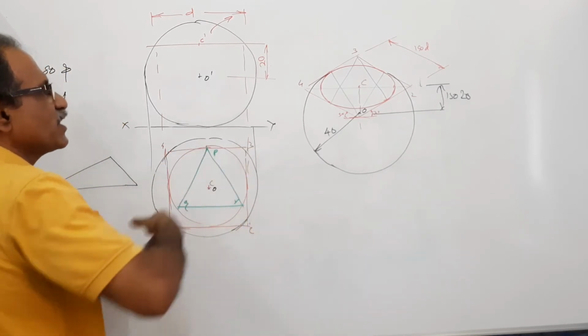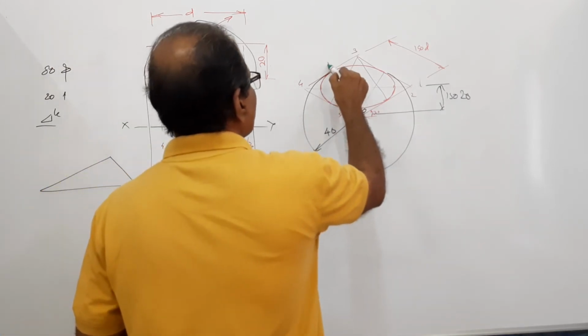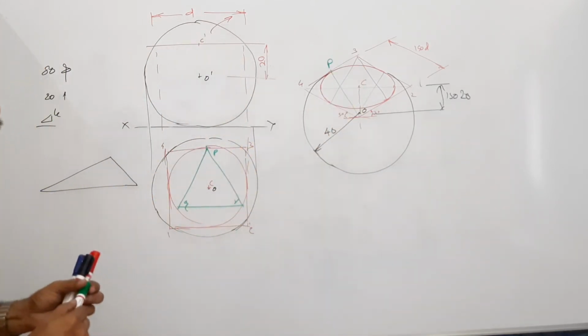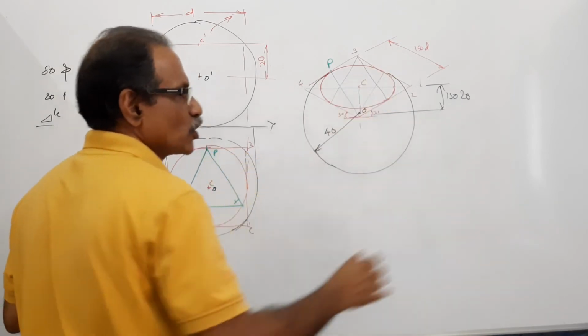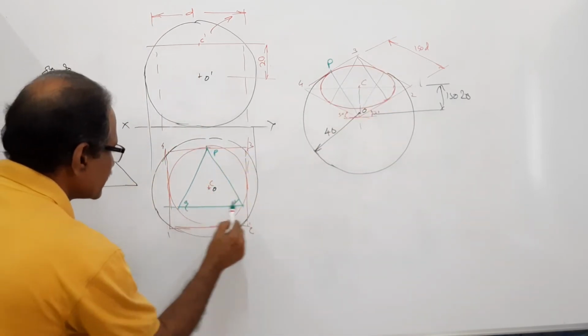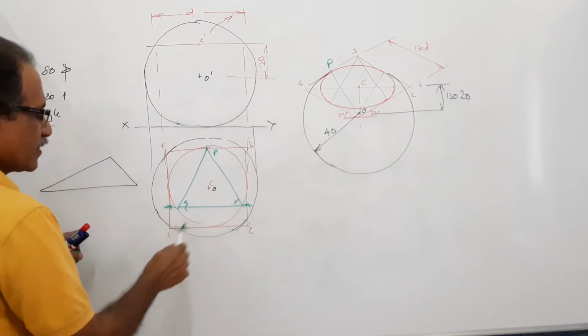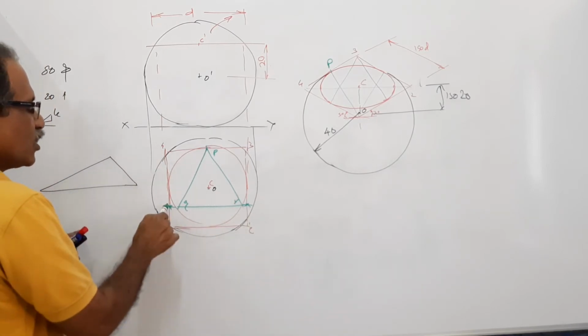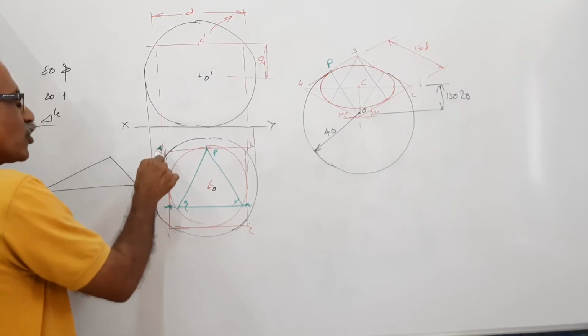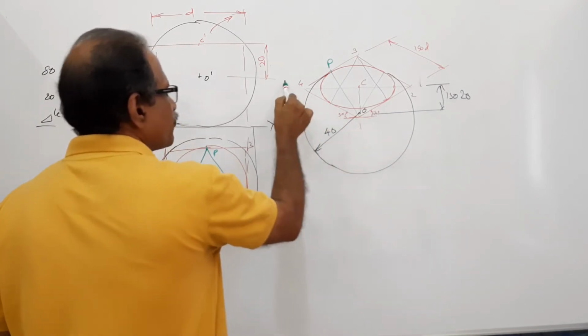P is at the center of 3, 4. Where is Q? Q is on the ellipse. Where? We don't know. What do you do? Extend this and cut the square at 2 points. On the way from 1 to 4, locate this point.